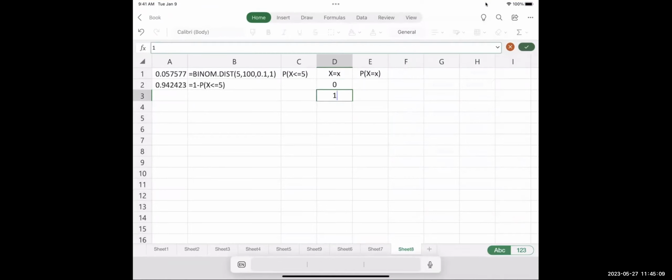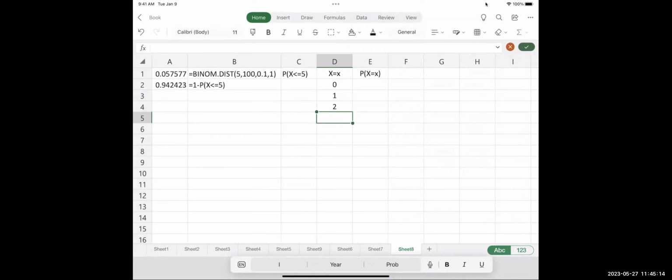Because you could have no successes. So you always have to start at 0. I'm only going to do a few, but you could do all the 100 if you wanted.